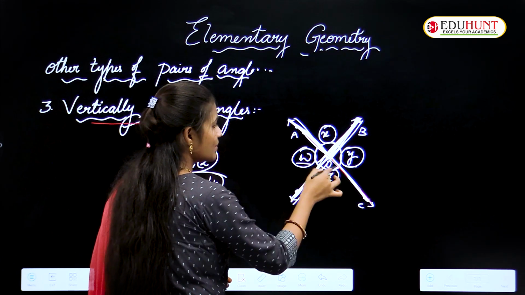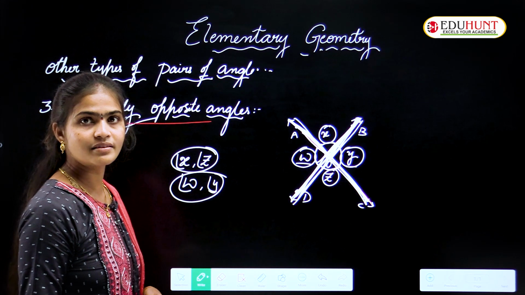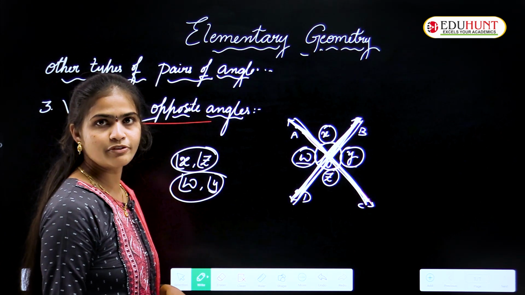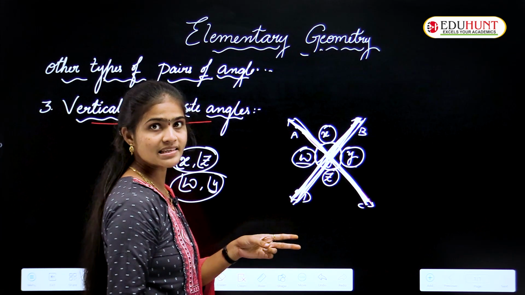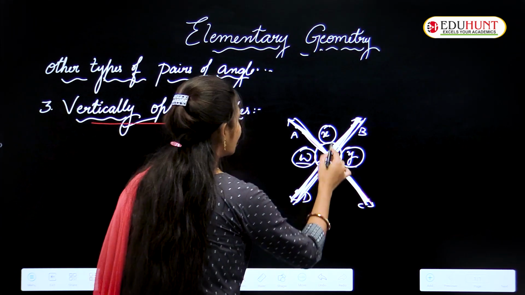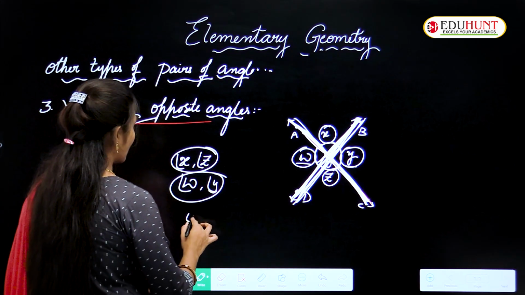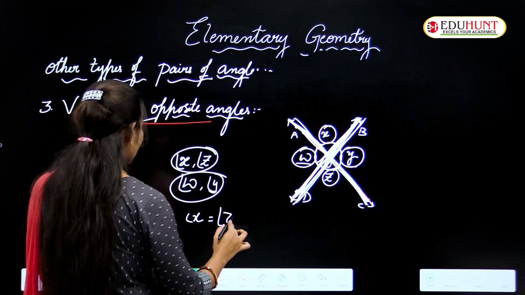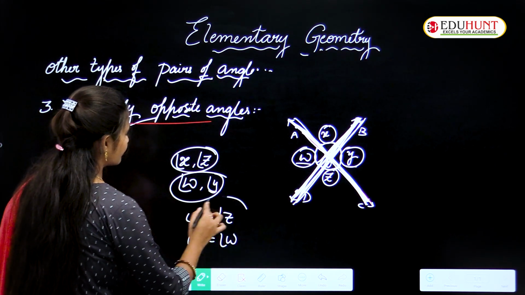The same angle must be formed here also, no? Those two must be the same angles, because this is one straight line and this is another straight line. So these two vertically opposite angles are equal. So angle X equals angle Z and angle Y equals angle W.